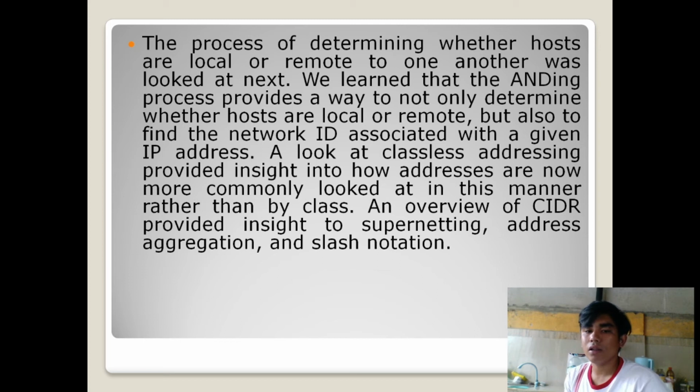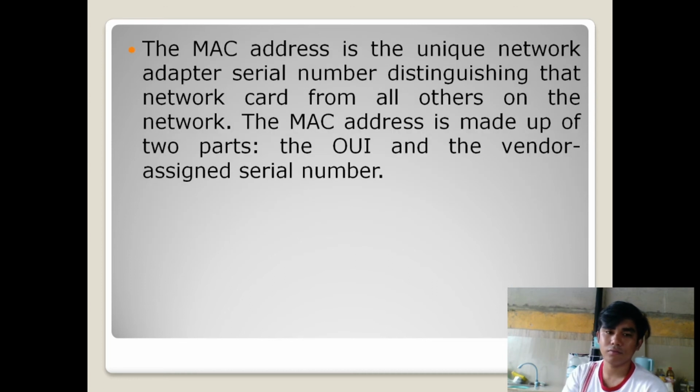A look at classless addressing provided insight into how addresses are now more commonly looked at in this manner rather than by class. An overview of CIDR provided insight into supernetting, address aggregation and slash notation.